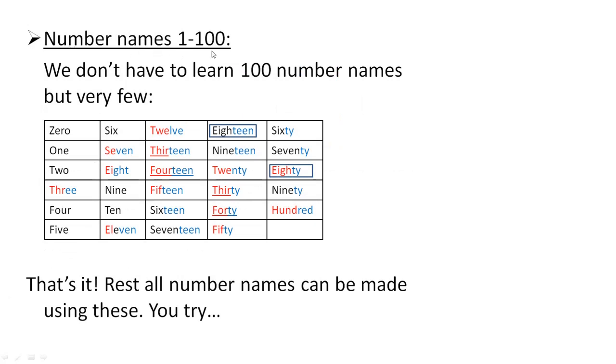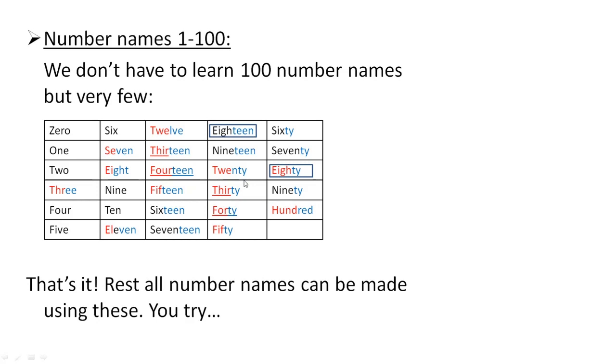Number names 1 to 100. We don't have to learn 100 number names, but very few. You know that, right? What are those spellings? Number names we have to learn: 0, 1, 2, 3, 4, 5, 6, 7, 8, 9, 10, 11, 12, 13, 14, 15, 16, 17, 18, 19, 20, and thereon we don't have to learn 21.